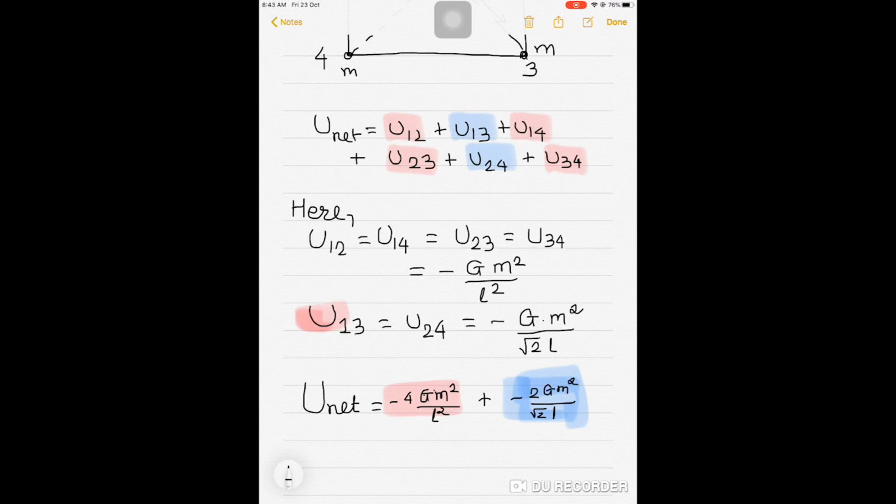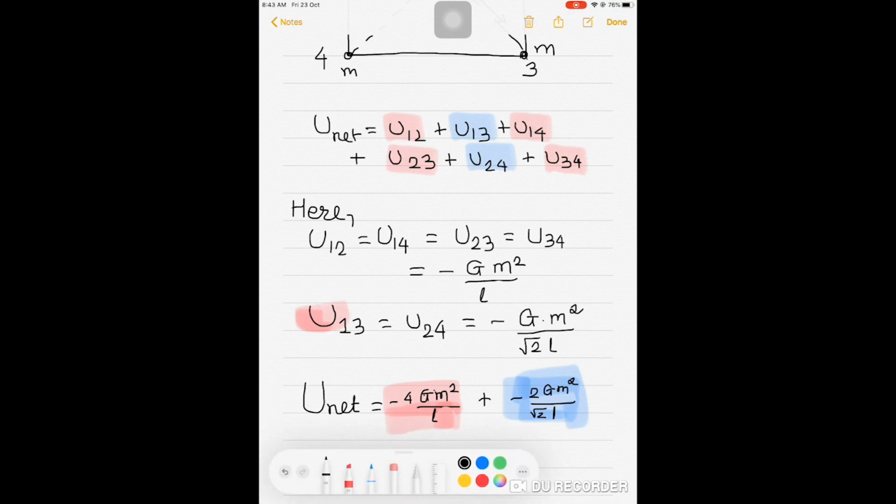Here also there should not be l square but l, as it is potential energy, it does not have a square. Now when we add them up, we get the total potential energy.